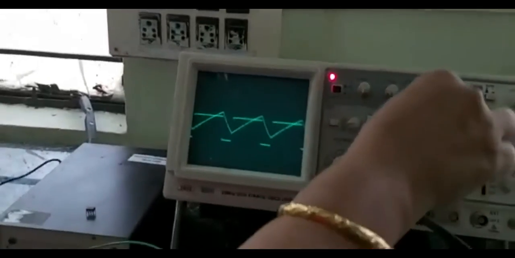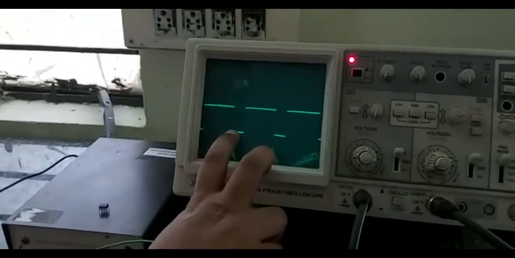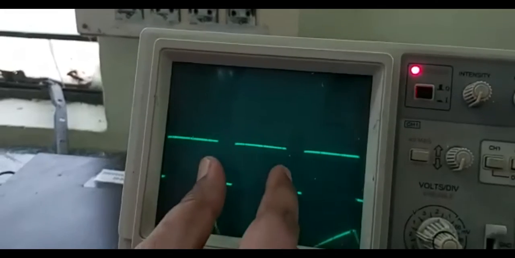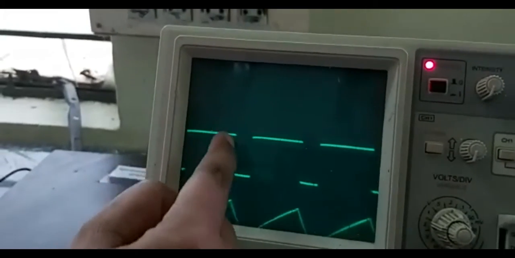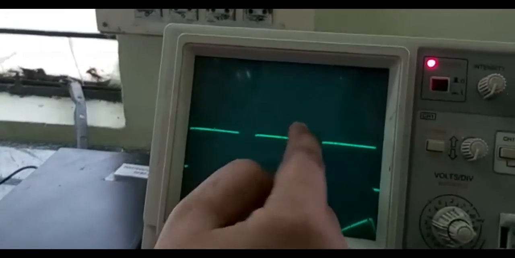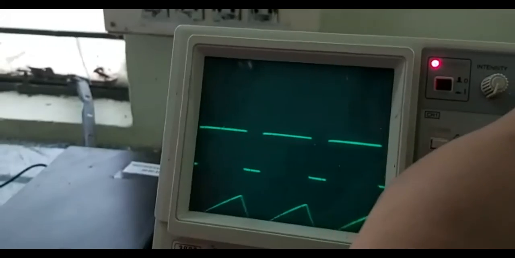First I will show you only the pin number 3 output. You can see the off period is very small and the on period is larger, that is 3 times of this. This is your total T, from this end to where the charging line ends. You can just check what value you are getting.